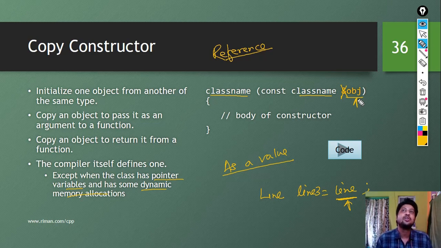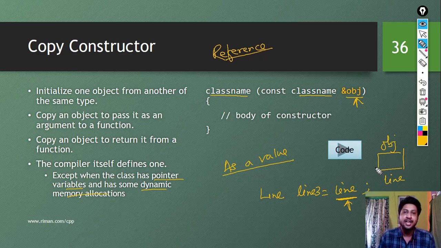That means copy is not possible. That's why we use the reference. It means this will be renamed by the object, so both of them point to the same object, because we don't have the copy constructor for classes where it is not provided by the compiler.